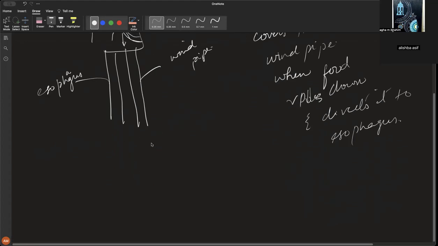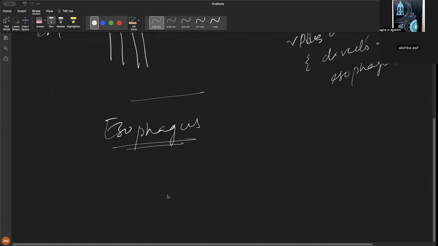So when this takes place, after this, the food enters esophagus. The few things we need to know about esophagus. Esophagus is a continuation of the alimentary canal, the gut. Obviously, like all of the alimentary canal, it has goblet cells.